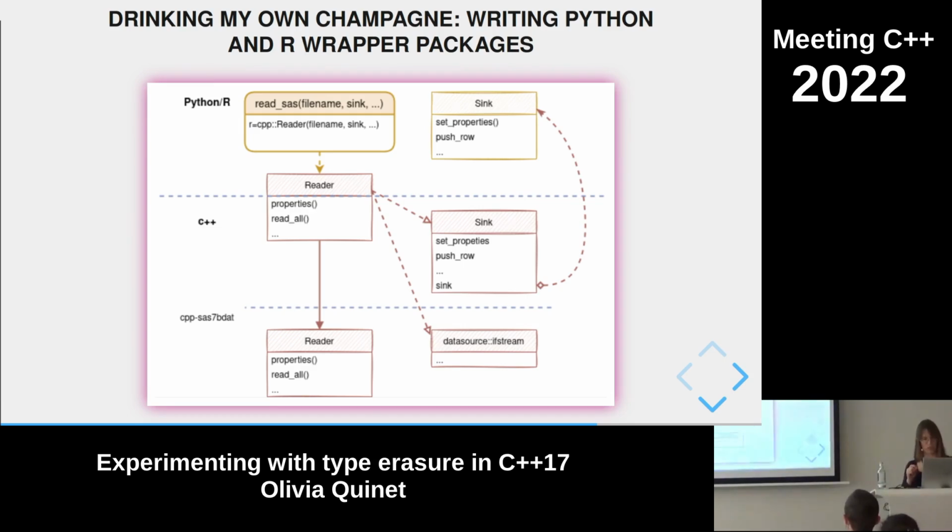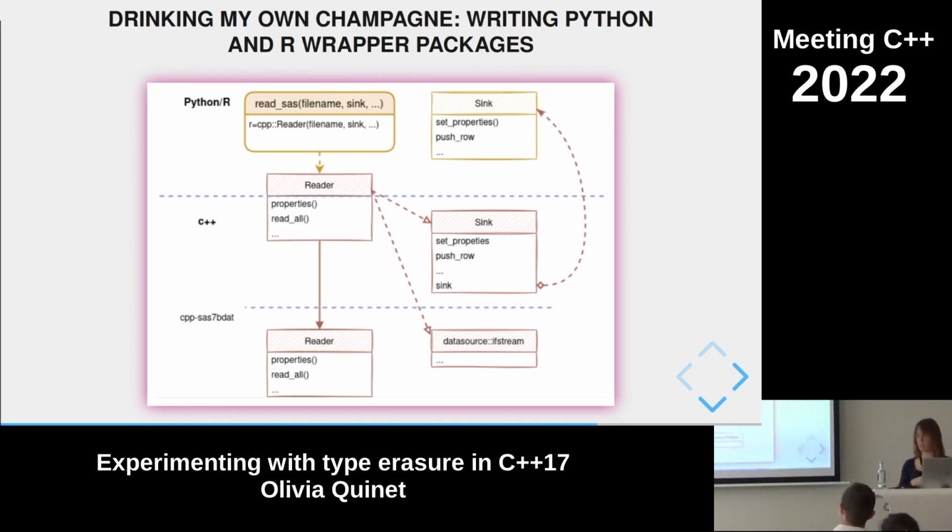What I didn't do for this wrapper is have a data source, because I just wanted to try the main thing, and usually most of the time you read the SAS file from the actual disk. So I was just using my own data source object for that.